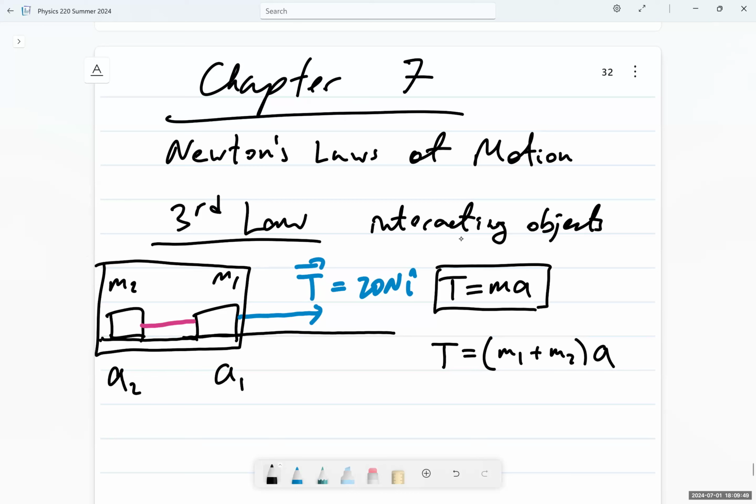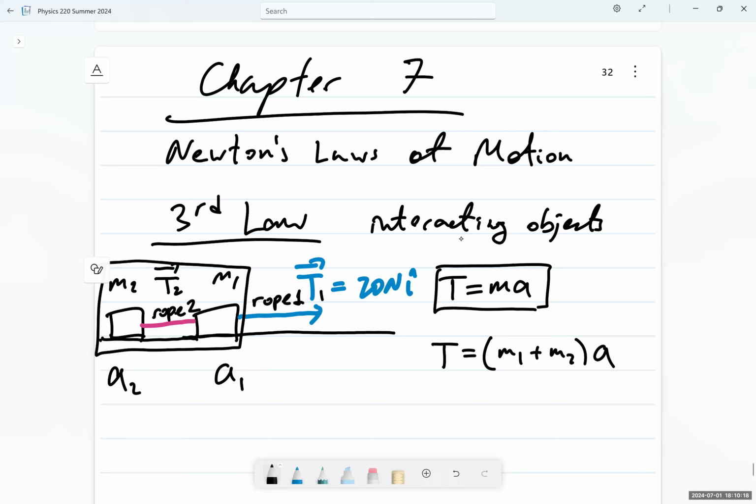Well, if you push with this tension, we can call it tension 1 because this is rope 1. Tension 1 is acting on mass 1 directly. It's not acting on mass 2, but M1 and M2 are connected by rope 2 where there's a tension 2.